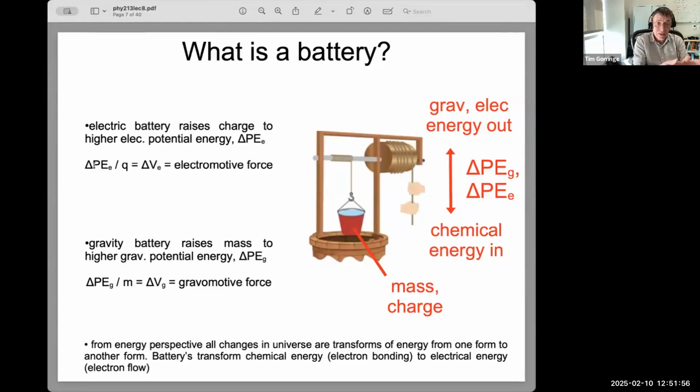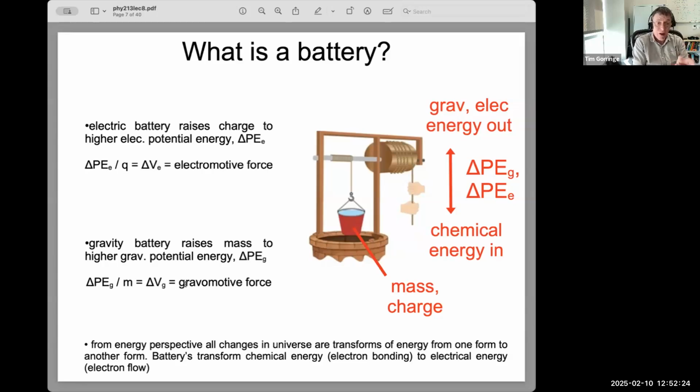So that change in electrical potential, as a charge crosses between the terminals of the battery and is raised from lower to higher electrical energy in the battery, is what we call the electromotive force. Likewise, as an analogy, we might define a similar gravimotive force. It would be the change in gravitational potential energy when we raise a mass up to some higher elevation, divided by the mass.